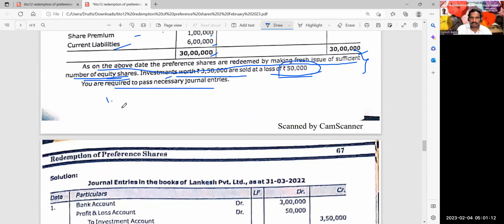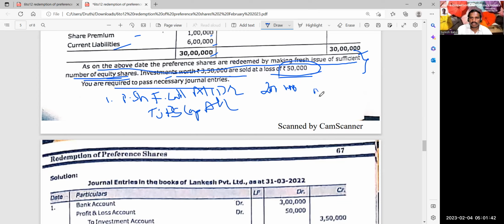The first journal entry to be written is preference share final call account debit, 2 lakhs debit, to preference share capital account 2 lakhs credit.